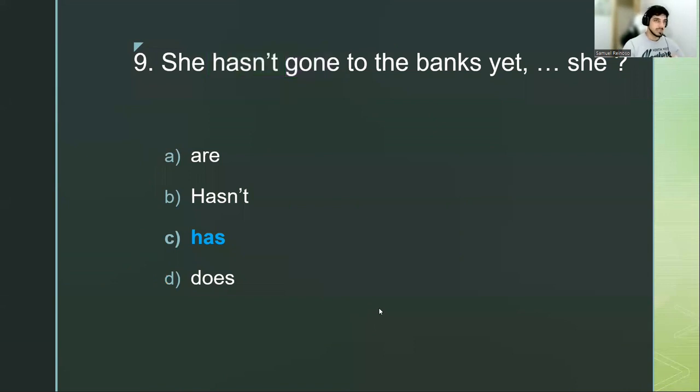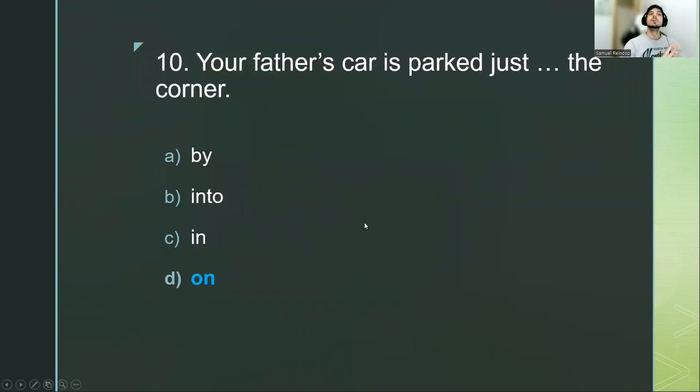Okay, question number 10. Your father's car is parked just in the corner. Okay, so we have to imagine this situation, okay? Let's see. I'm going to draw here a building, okay?